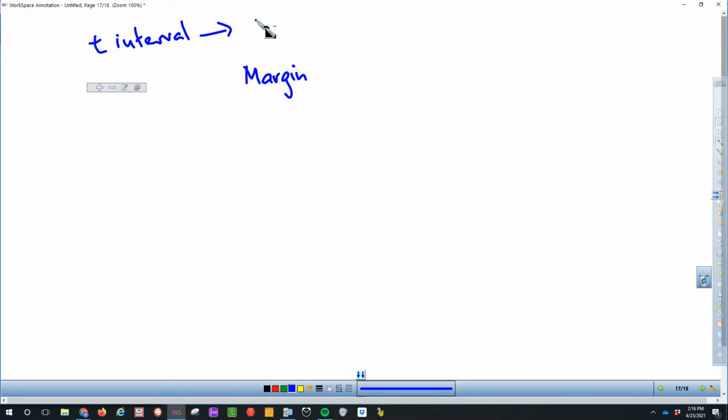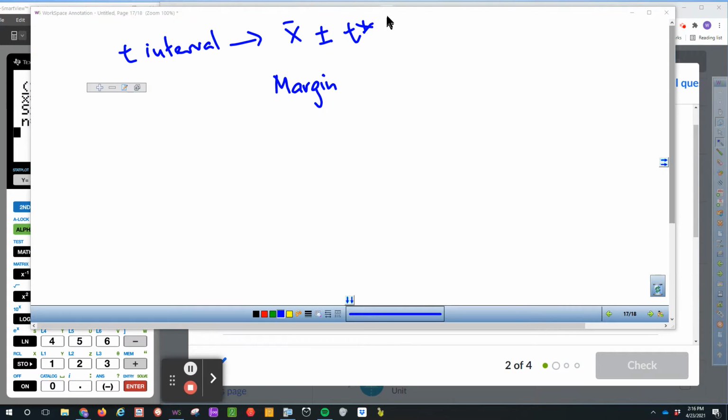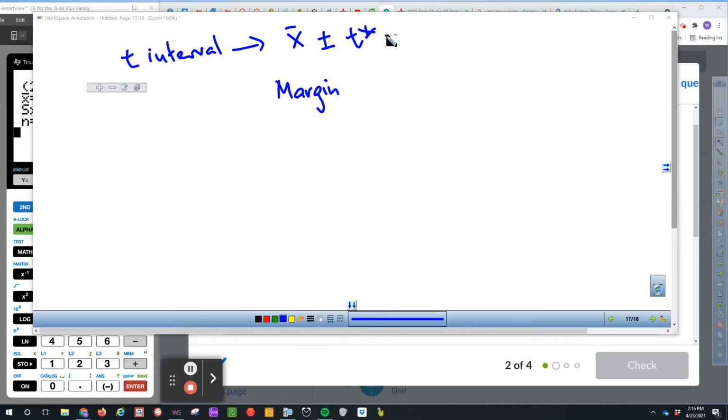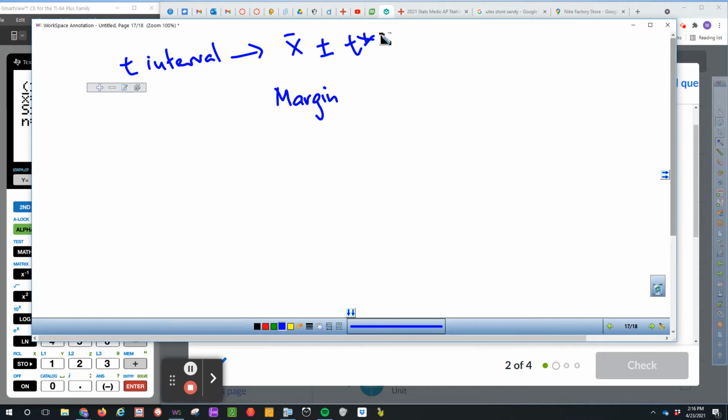The t interval looks like this: X bar plus minus t star times s, the standard deviation of the sample, divided by root n. This thing here, we call the margin of error.